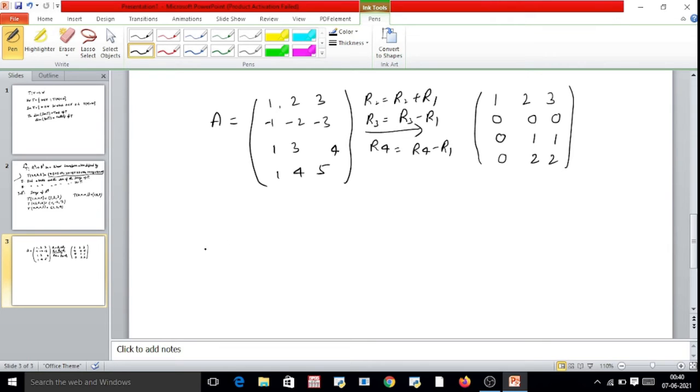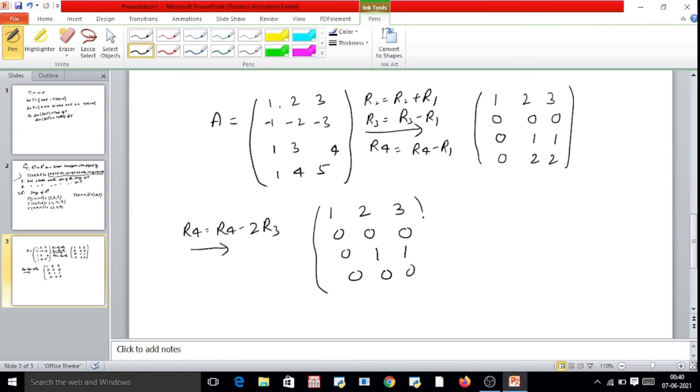So again perform a row operation: R4 is equal to R4 minus 2 R3. So we will get 1 2 3, 0 0 0, 0 1 1, 0 0 0.